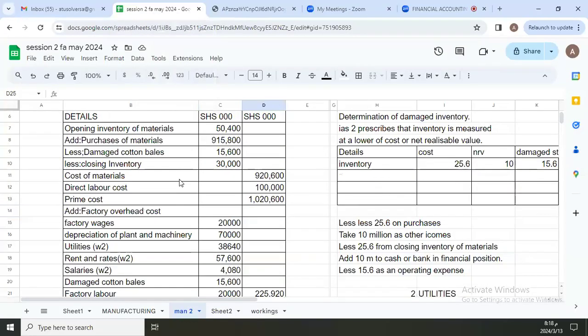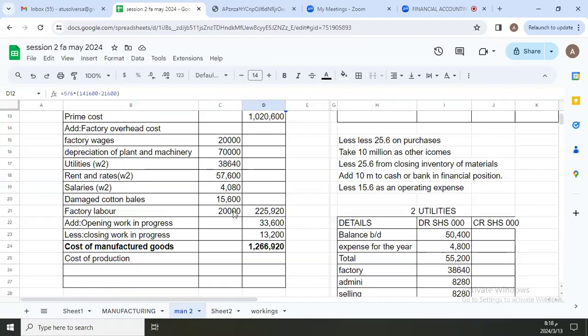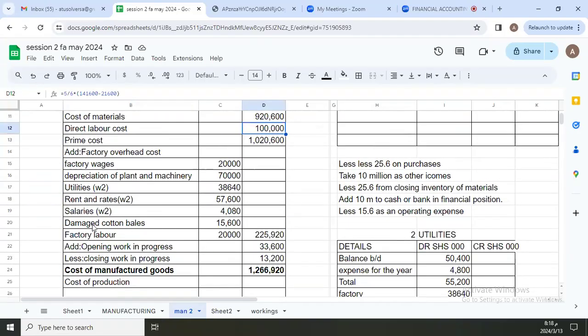When you come here at our workings, you see we have here direct labor cost. So this one, which is part of the factory labor, it was direct. I've taken it. When you come down, the one we computed for the factory labor of 20,000, which is 1/6, we've also taken it because the question was clearly specifying to you that part of it is direct and the other one is indirect.